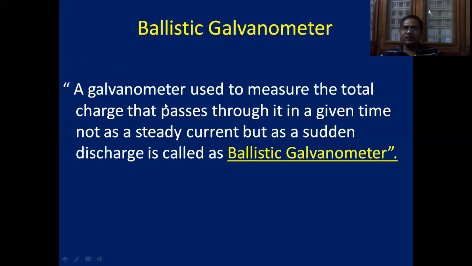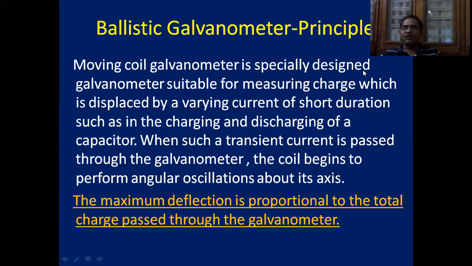This is a galvanometer used to measure the total charge that passes through it in a given time, not as a steady current, but as a sudden discharge, and it is called a ballistic galvanometer. Now, the principle of ballistic galvanometer is, it is a specially designed galvanometer suitable for measuring charge which is displaced by a varying current of short duration, such as in the charging and discharging of a capacitor.